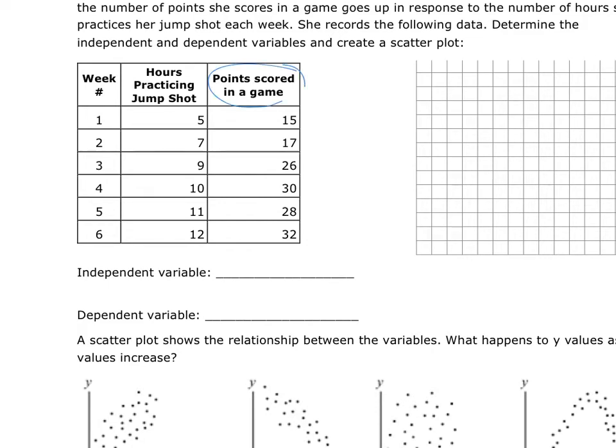So that's the dependent variable, or Y. Okay, so that's what we're going to count as Y. And then the independent variable is the other one. So the hours practicing is X.